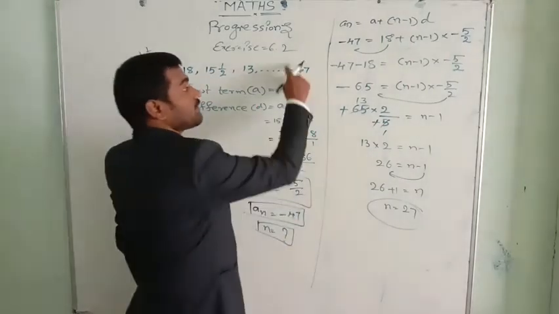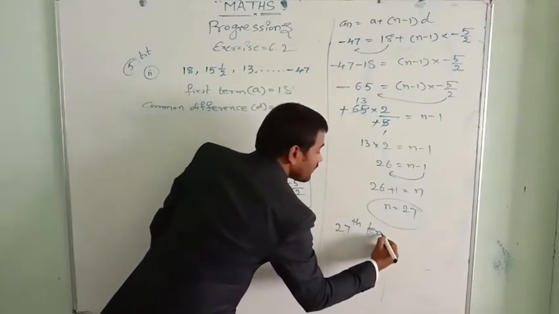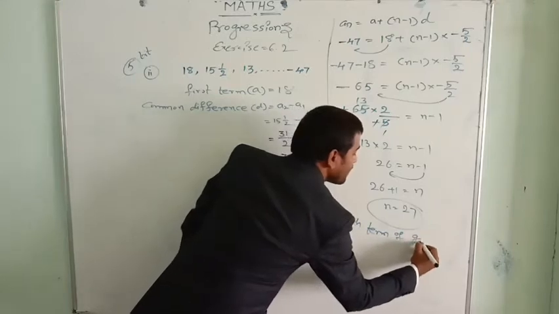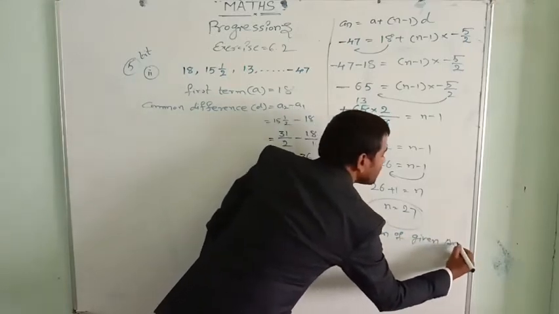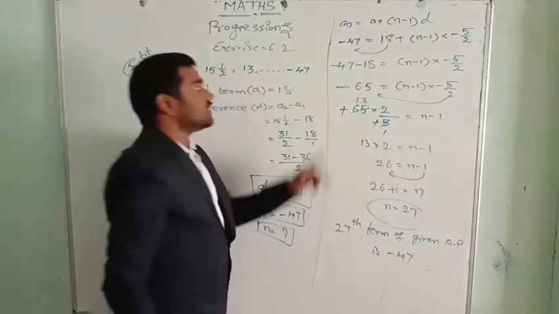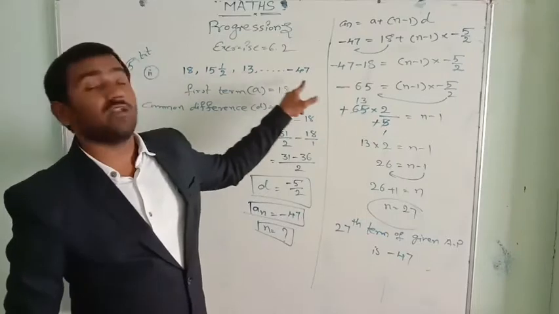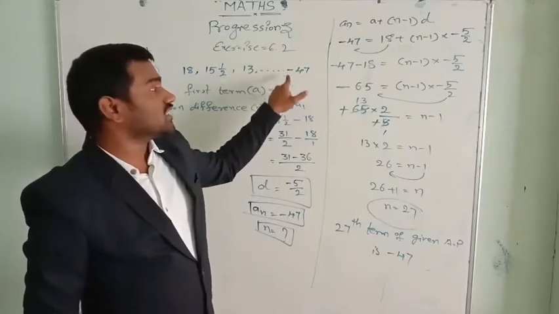That means the 27th term of the given AP, the given arithmetical progression, is minus 47. This is the 27th term.